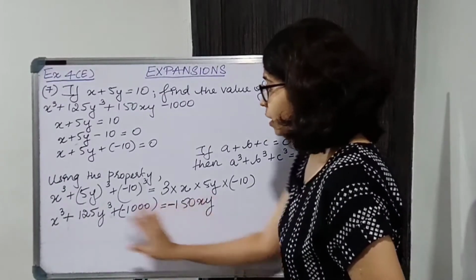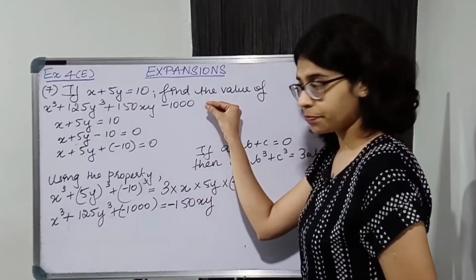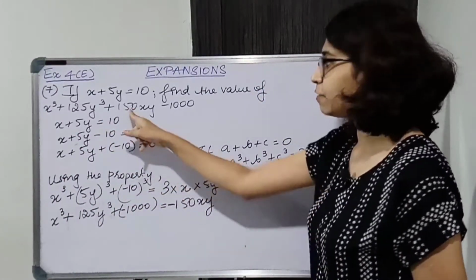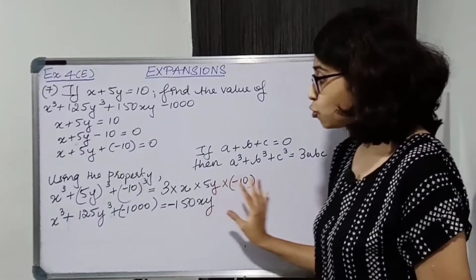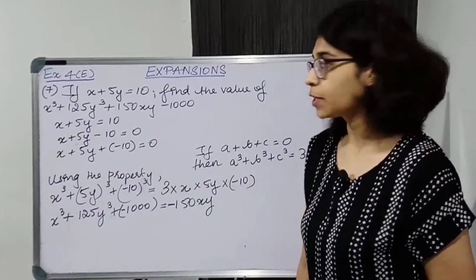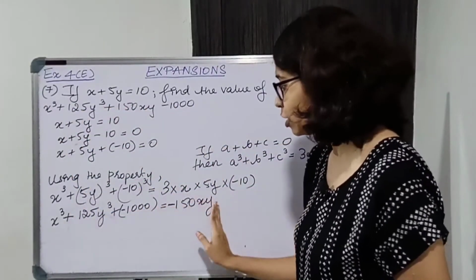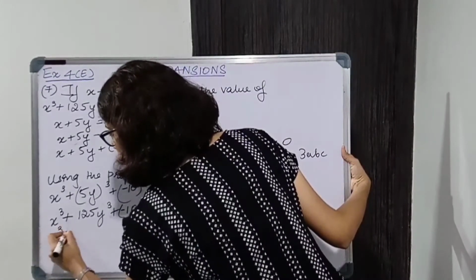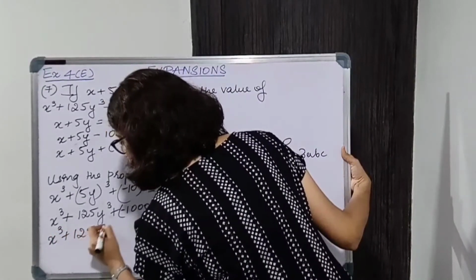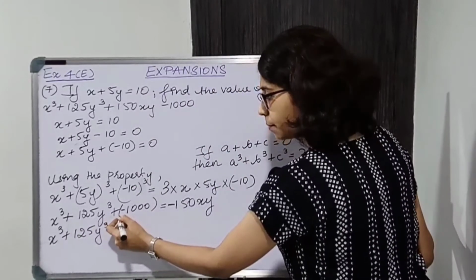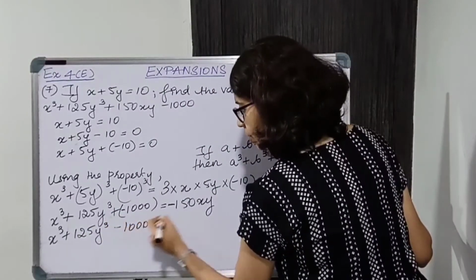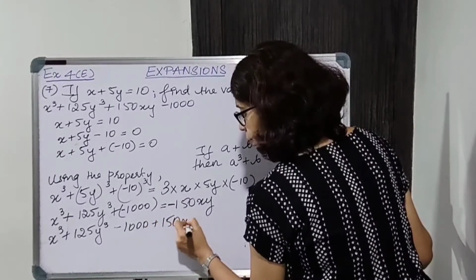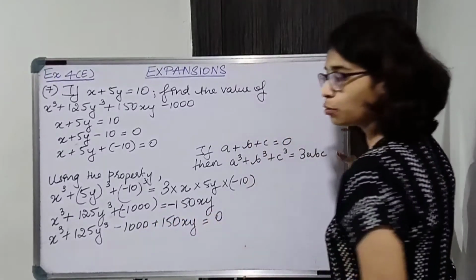Now we have almost got this. Okay, x cube is 125 y cube, 1000 is there, 150 xy is there. We have to shift everything on one side. Okay, all these terms are present, so I shift this on the LHS and I'll rearrange the terms. x cube plus 125 y cube minus 1000 and minus 150 xy will become plus 150 xy equal to 0.